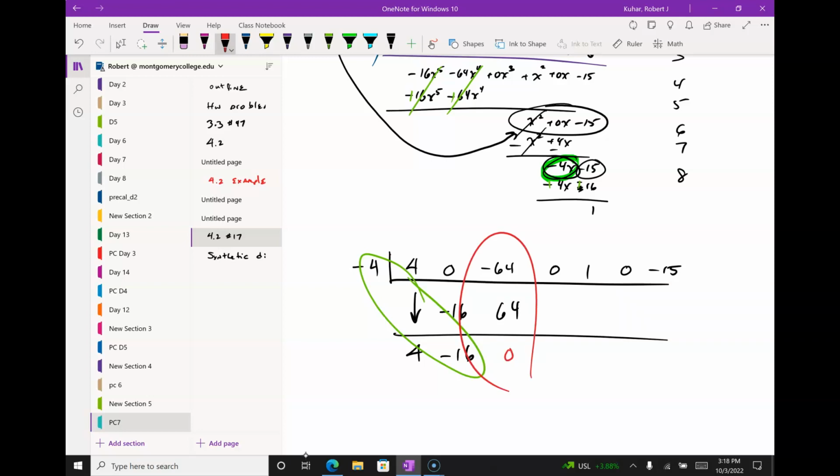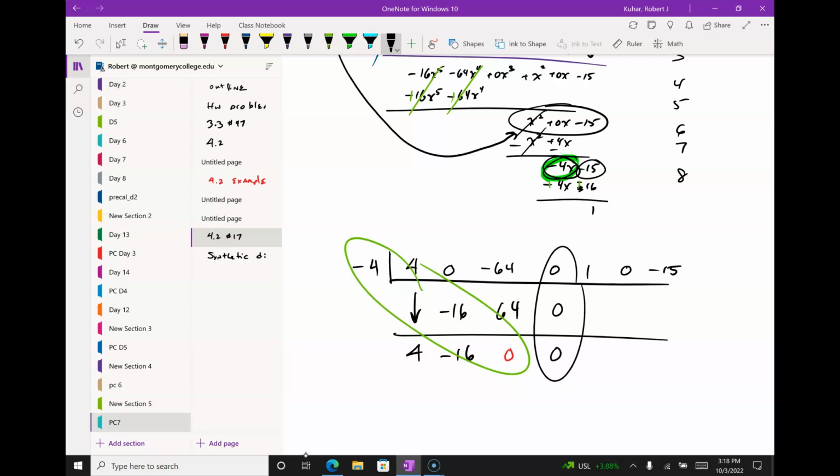Yes, you with me? Multiply. I get 0. Add 0. I multiply.